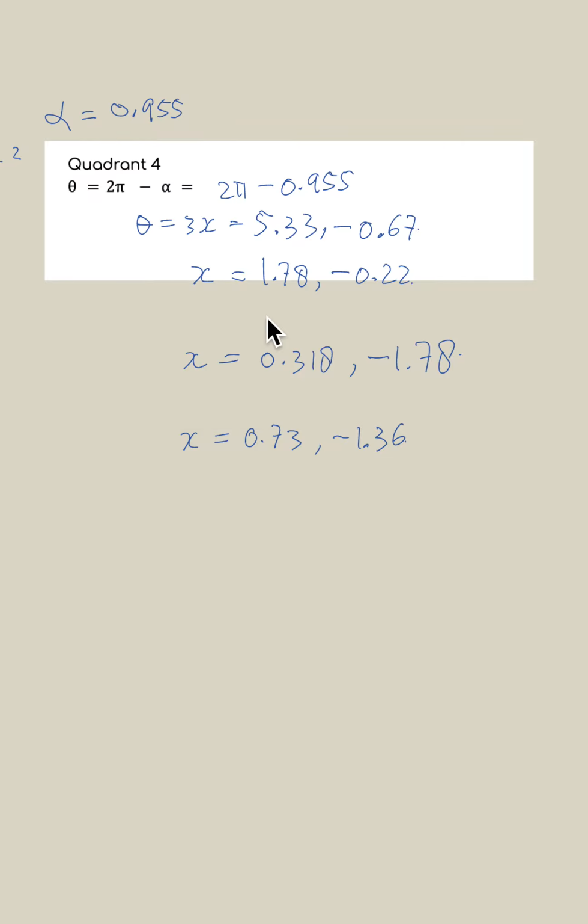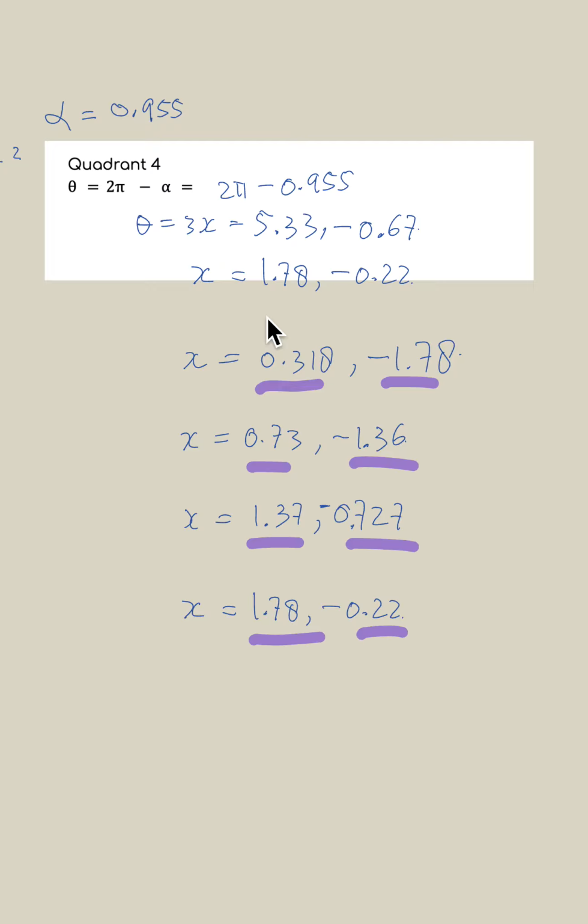So you have 8 possible answers, and you must show all of the 8 here. 2 from each quadrant. And if you check, all these values are between negative 2 to 2, which is what the question asks. So just present this answer if they ask you this type of question.